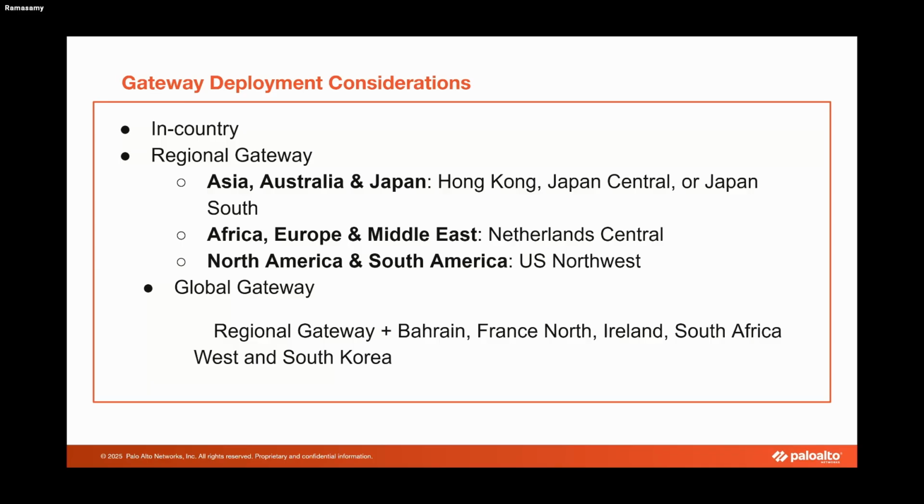We have 3 gateways in that location. You can onboard any one location, either Hong Kong, Japan Central, or Japan South. And for the Africa, Europe, and Middle East region, the regional gateway is Netherlands Central. And for North America and South America, the regional gateway is the US Northwest.